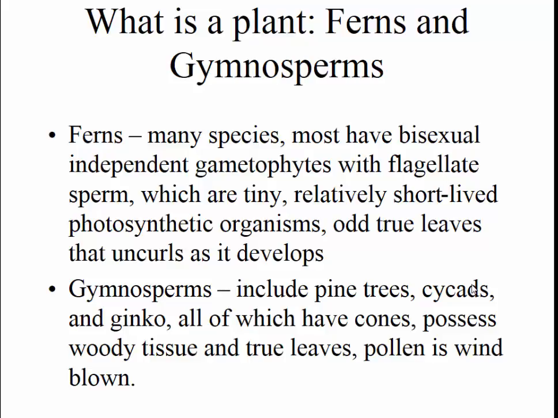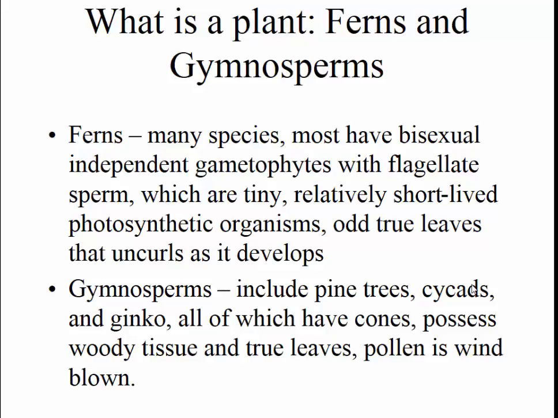Ferns have a bisexual independent gametophyte. They have flagellate sperm. They have true leaves that develop in a peculiar way called circinate vernation. These fiddleheads that are produced in the process of leaf formation are commonly found in upscale restaurants, fiddlehead ferns.